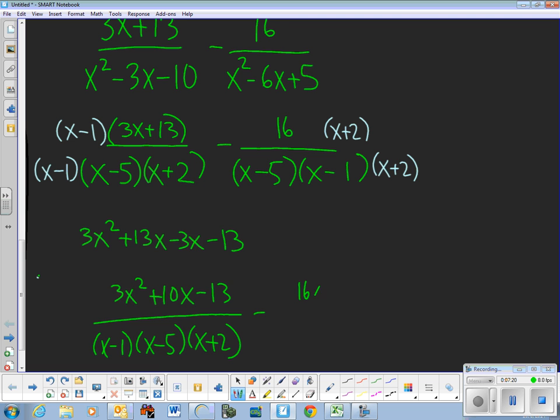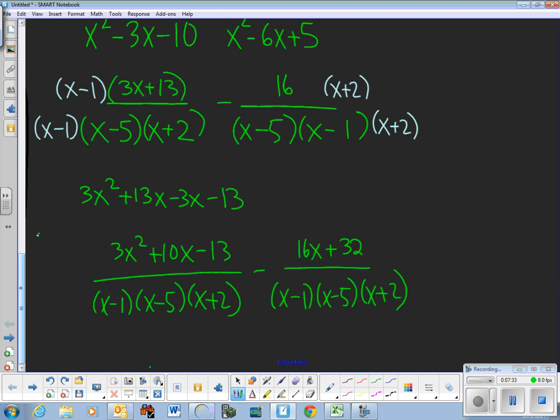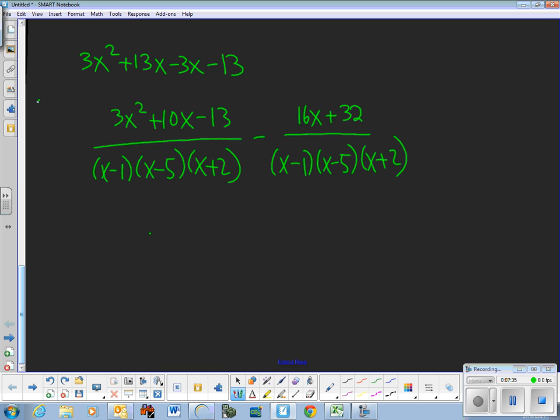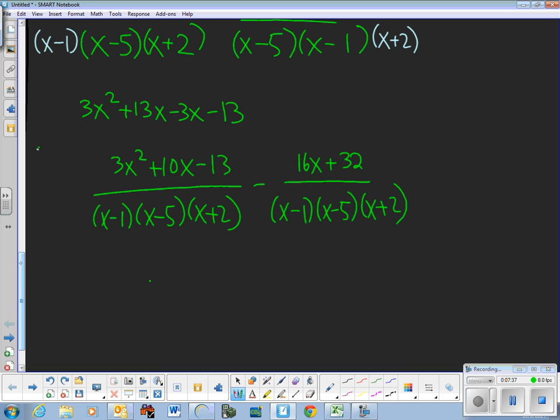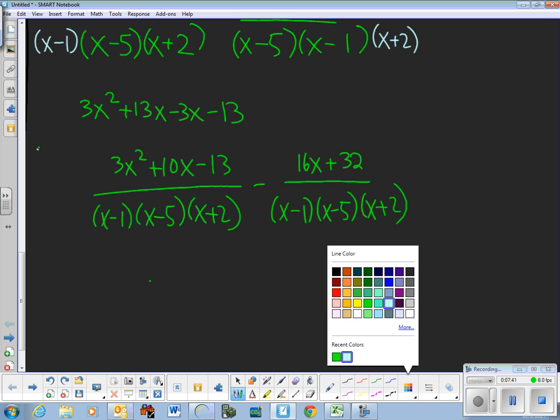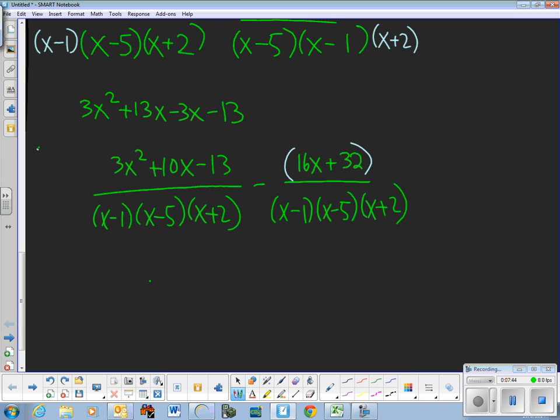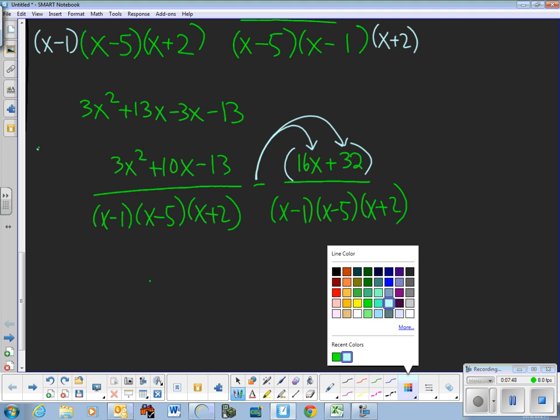Minus 16x plus 32 over the common denominator. And now I'm ready to subtract. Now here's another common mistake. When I'm subtracting this fraction on the left, I'm subtracting all of this, which means that negative needs to go here, and it needs to go here.